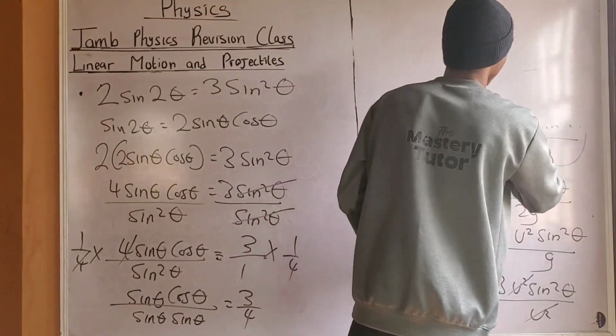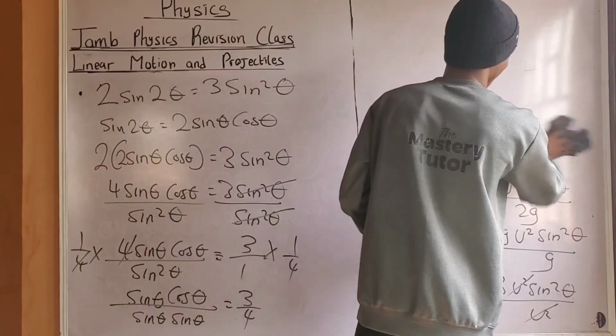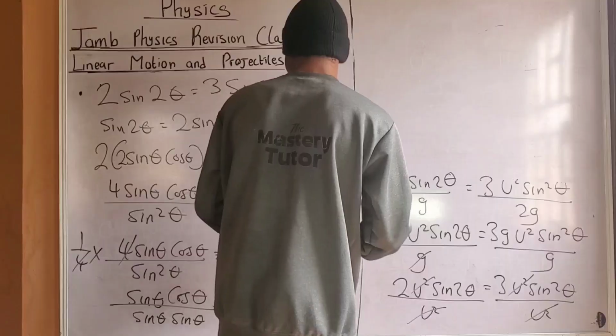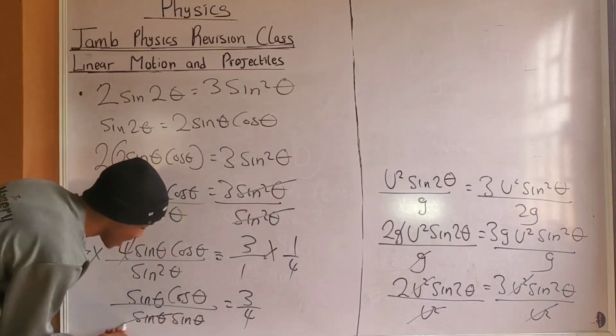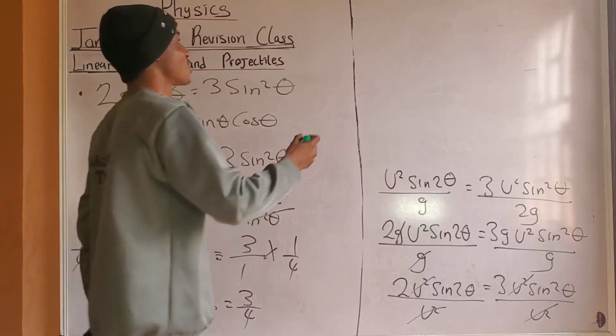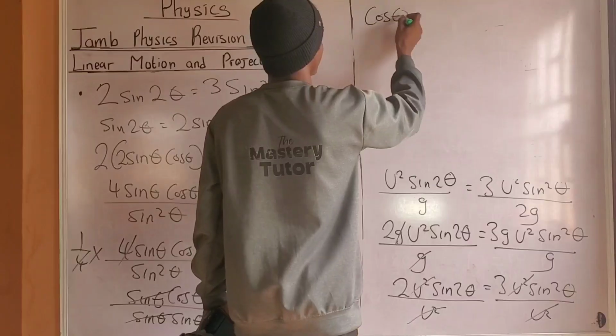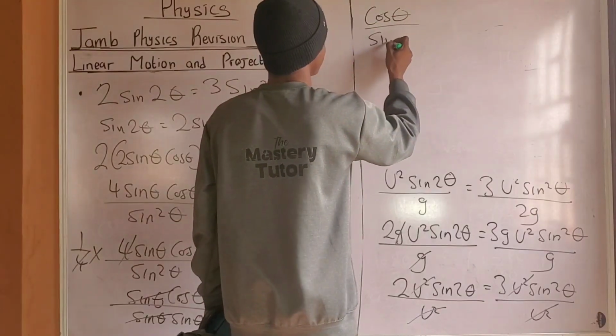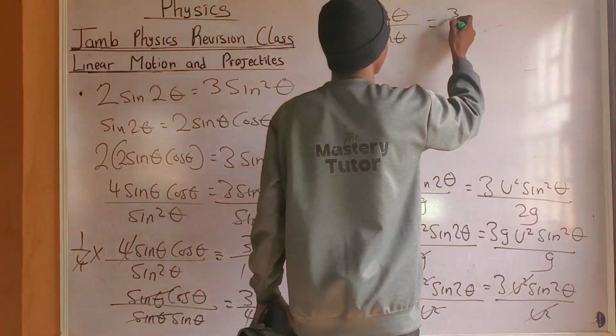Now, when you get to this point, we eliminate sine theta. So I'm going to have cos theta over sine theta equals 3 over 4.